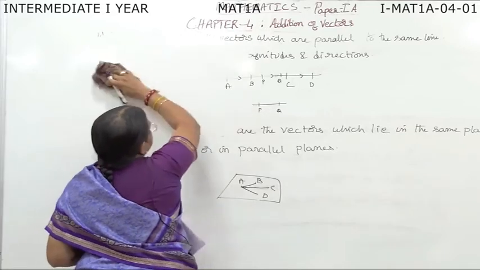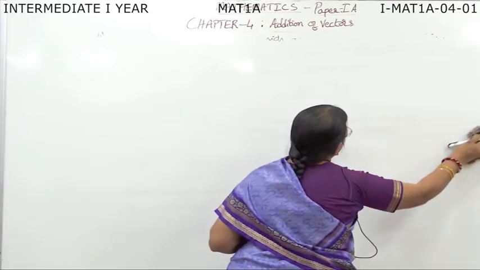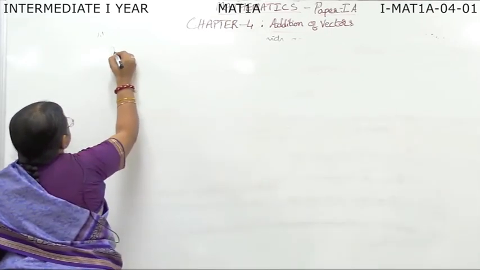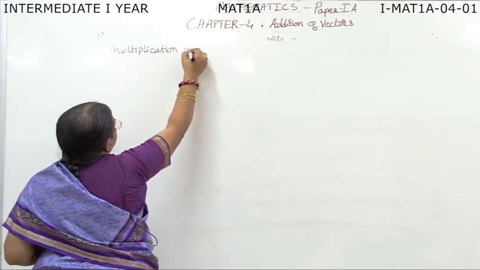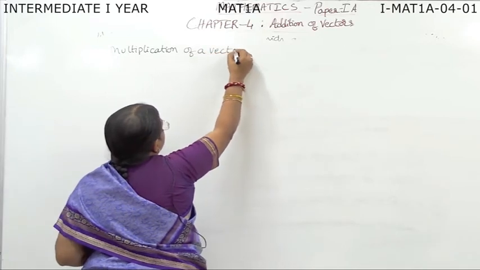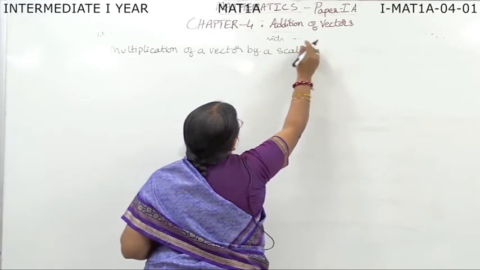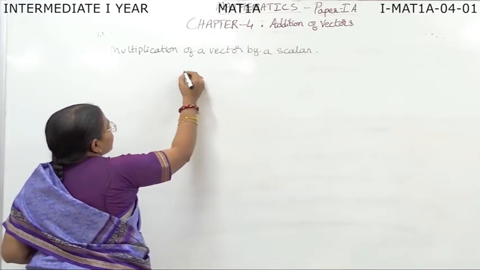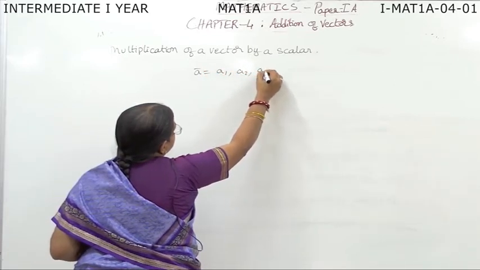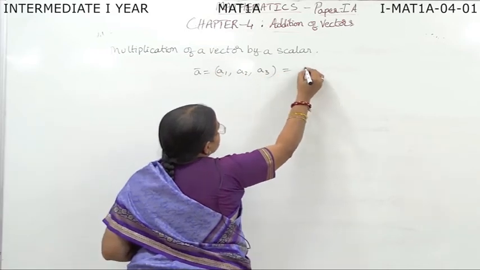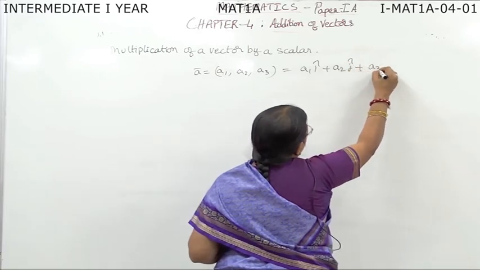Next is multiplication of a vector by a scalar. How to multiply a vector by a scalar? Suppose that I have a vector A as (A1, A2, A3). This vector can also be written as A1i plus A2j plus A3k.